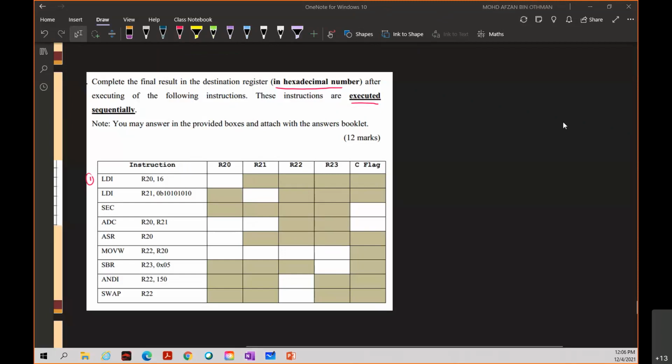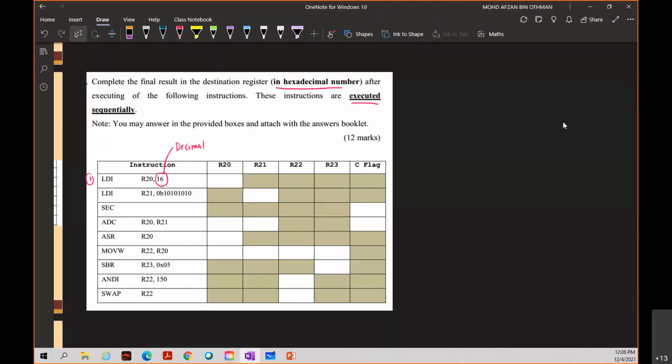First, you need to identify the number system for this value. Since this one doesn't have any symbol in front of the number, you know that this value is a decimal number.